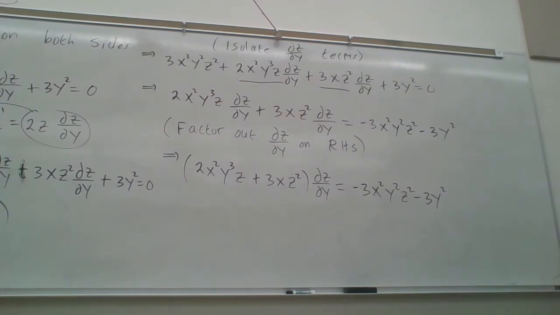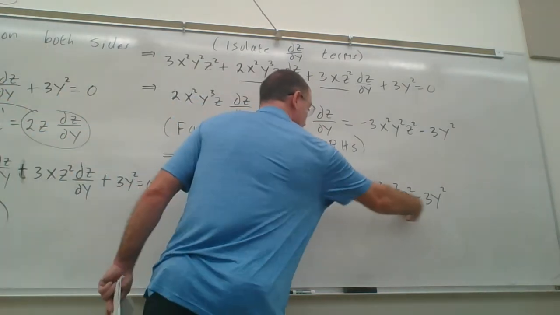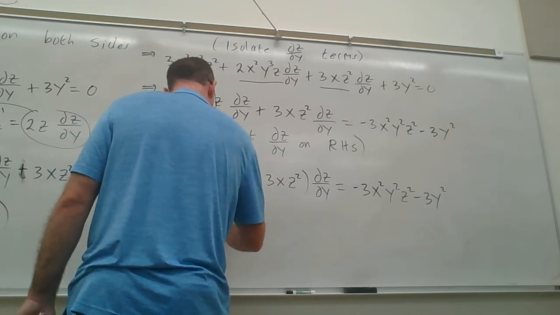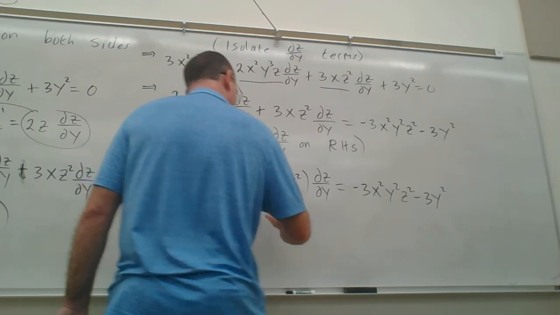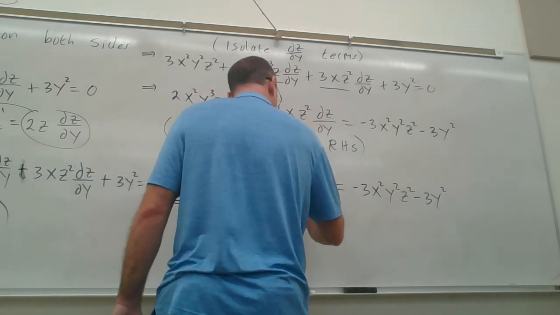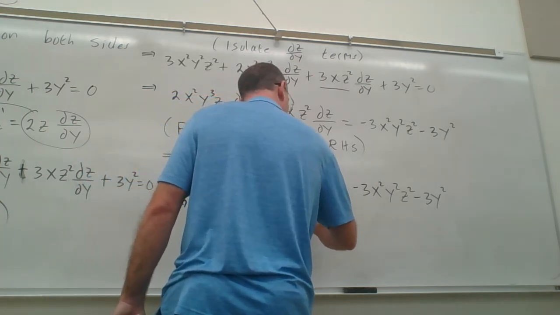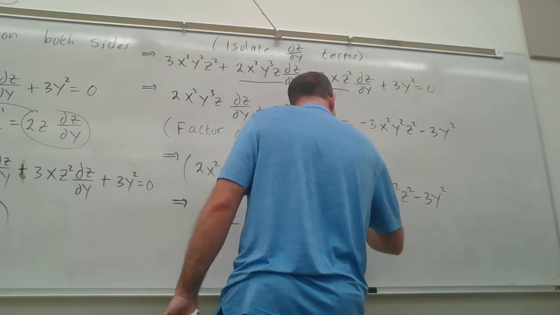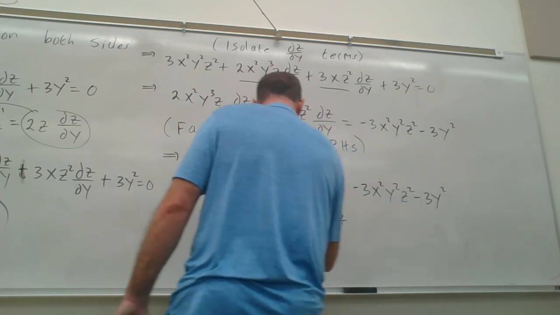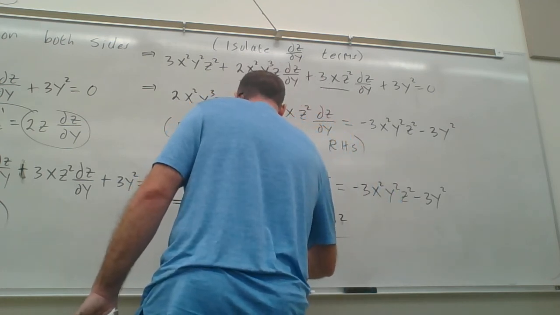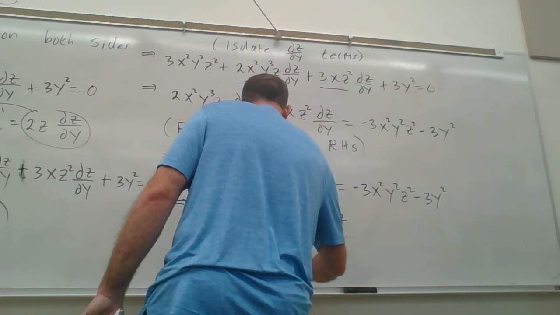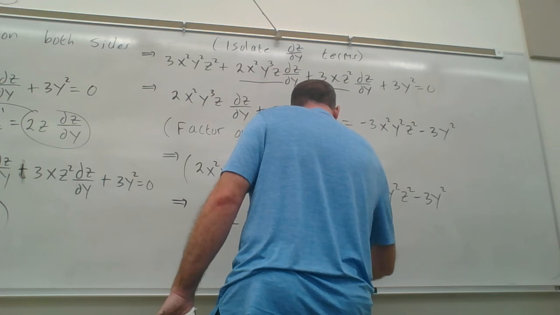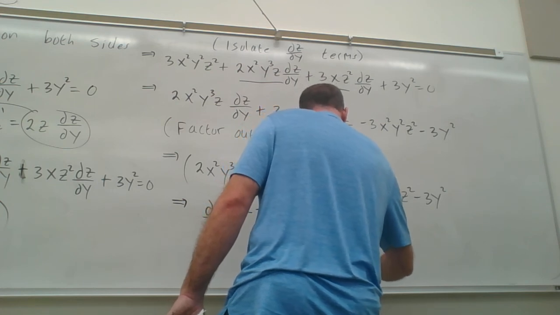And lastly, we can divide both sides by this. Doing that, I'll have partial z with respect to y equals minus 3x squared y squared z squared minus 3y squared, no, that's squared, over 2x squared y cubed z plus 3x z squared.